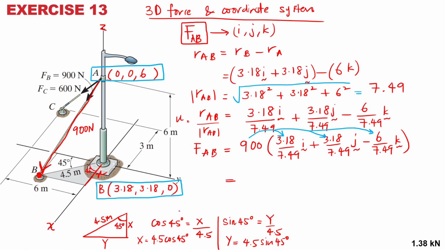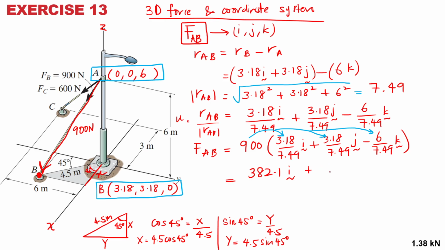So what do you get now? Let's multiply. 3.18 divided by 7.49 times 900. 382.1i.